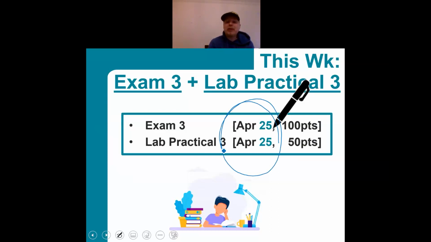And as you can see, both of these carry quite a bit of points, so it's definitely worth making sure that you get a chance to tackle those. If you do have an accommodation version of either one of these, you will be using the same password that you have used before. That should open your individual version of the exam and lab practical.